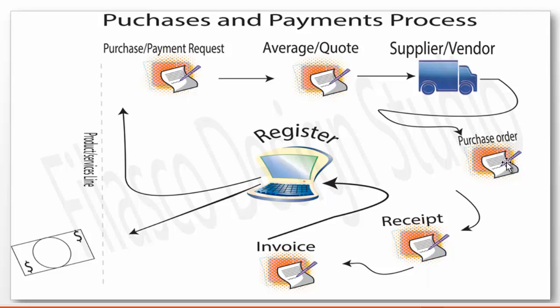Then you place an order: purchase order, receipt, invoice. It goes back to your register. Then your register spills cash. It's an account payable, purchases, payments, process.